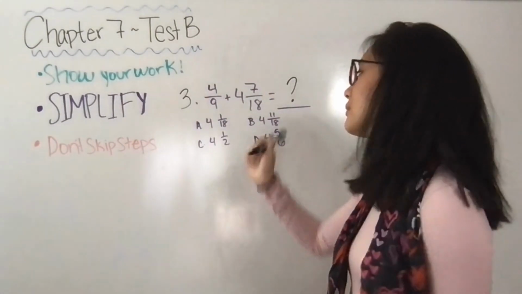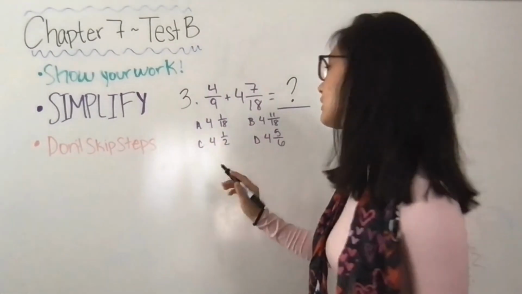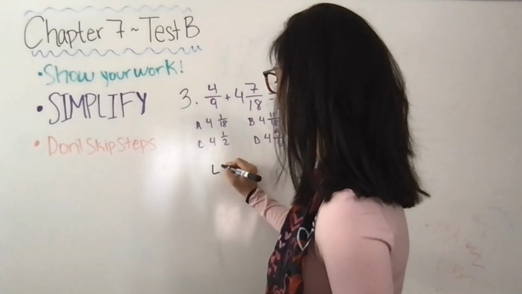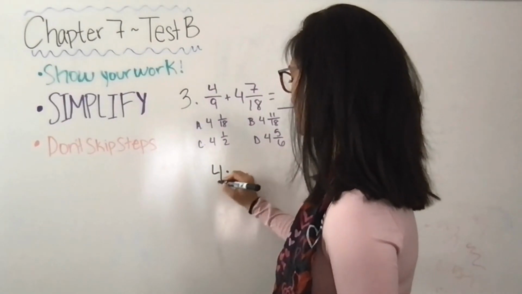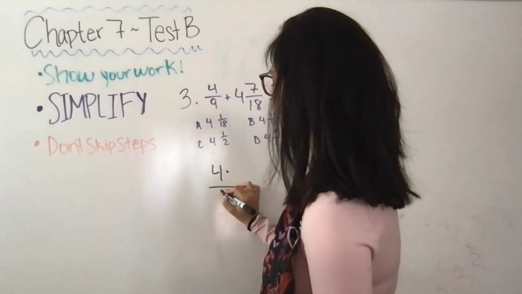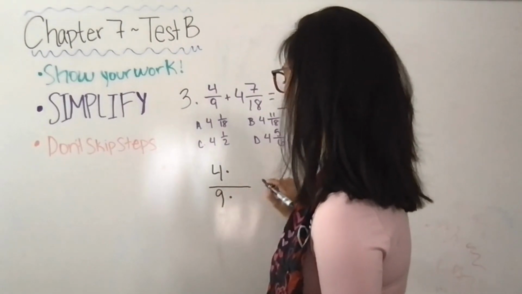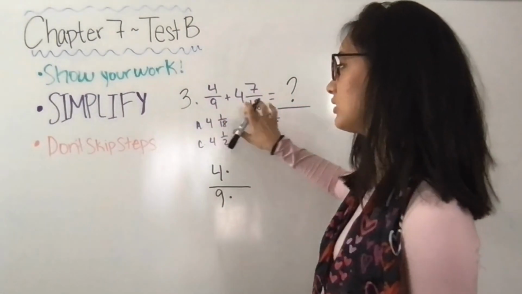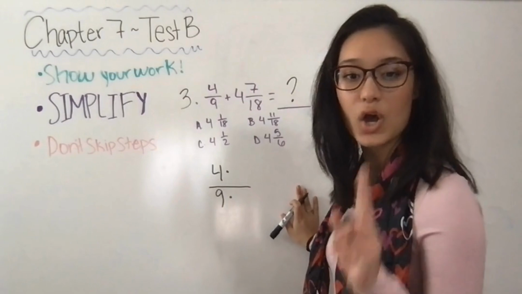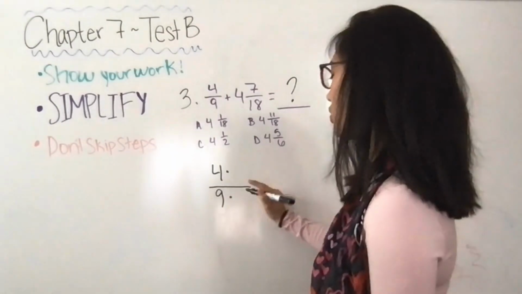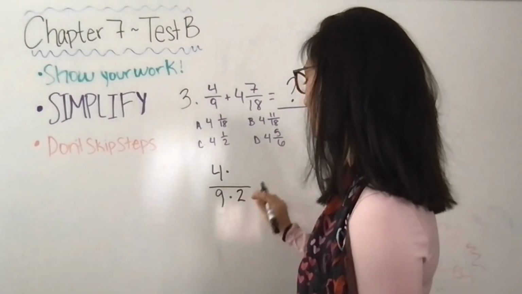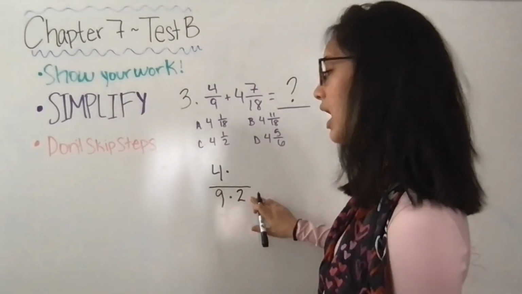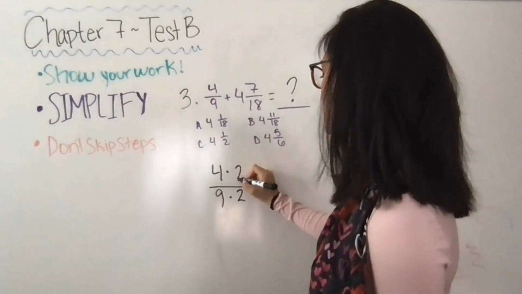No. But it can be 18. So you know that you'll need to multiply your 4 by something and your 9 by something to get 18. Now, how many times does 9 go into 18? Twice. So you know that you'll need to multiply 9 by 2 to get 18. And whatever you do to the bottom, you have to do to the top.